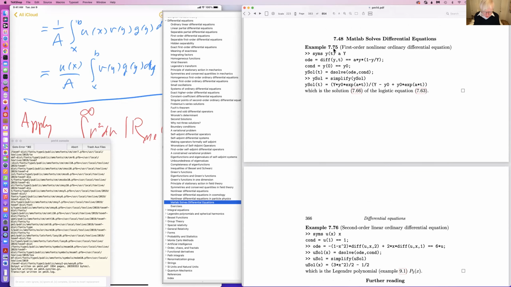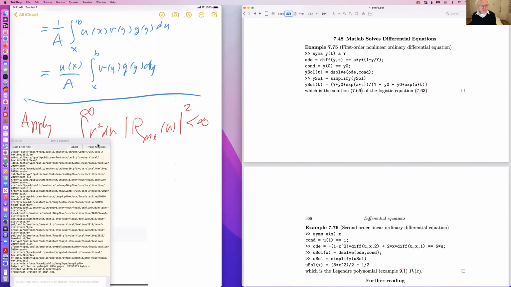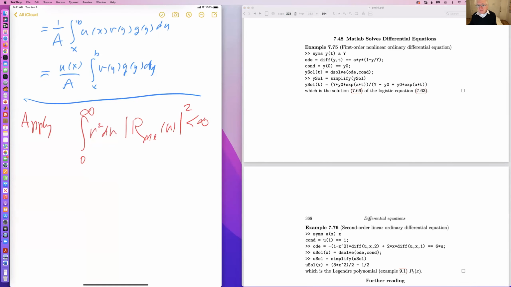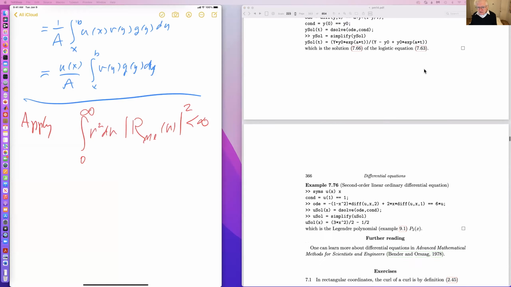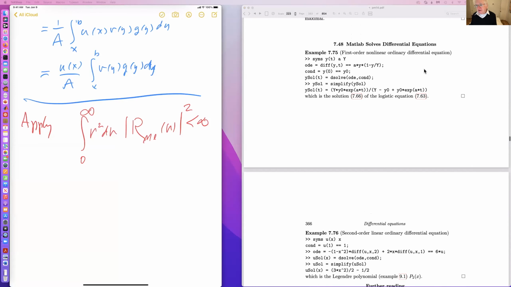In case some of you missed the 468 section yesterday, let me just show you very briefly how MATLAB solves differential equations. It turns out it's quite nice, at least for simple differential equations.